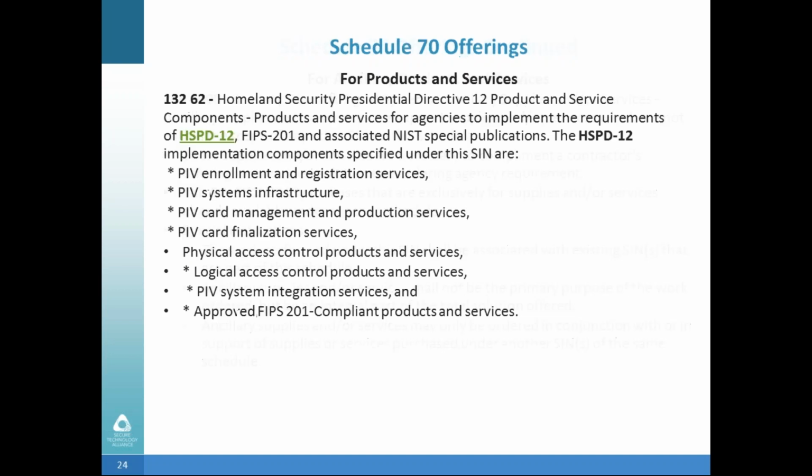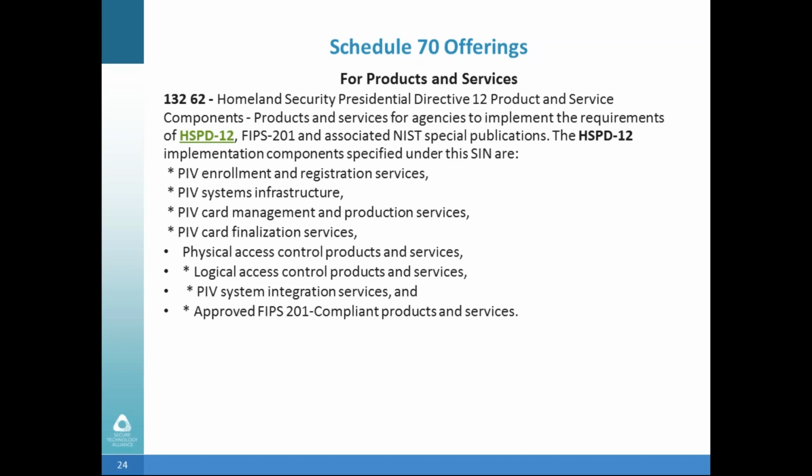And to that, I'm going to hand it over to Daryl to speak specifically about Schedule 70 offerings. Thank you, Kevin. As mentioned, I'm Daryl Hendricks, and like Kevin, I work for the General Services Administration Federal Acquisition Service, but I'm in a different unit called the Managed Services Office, and it is part of the GSA Schedule 70 section.